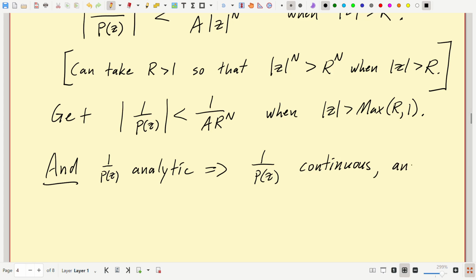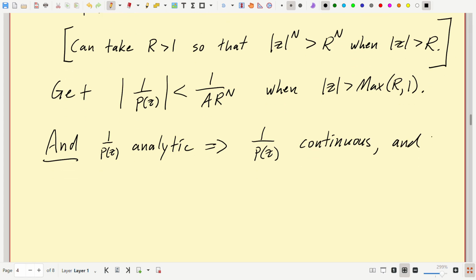And that implies 1 over P of z is continuous, and that implies the modulus of that. If you take the modulus of a continuous function, you get a continuous function.